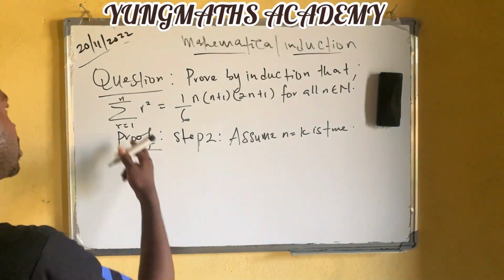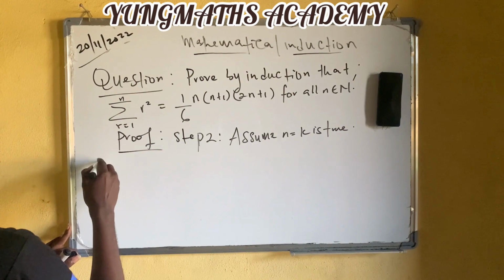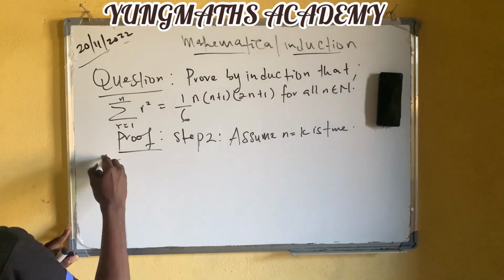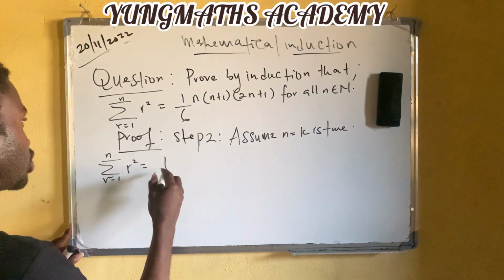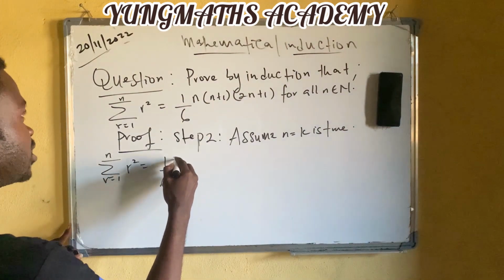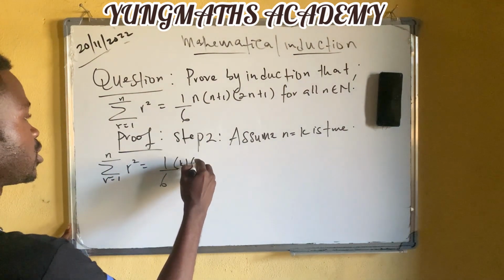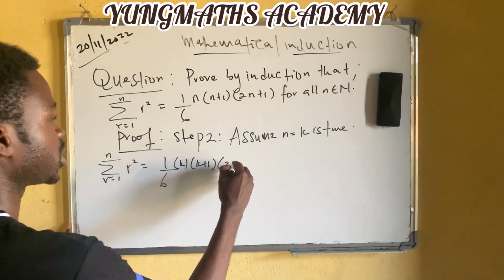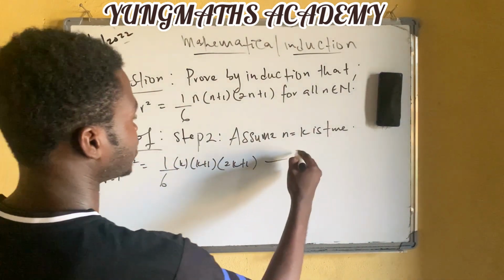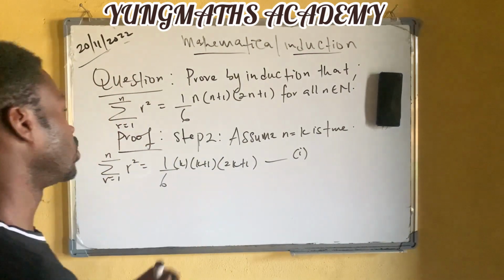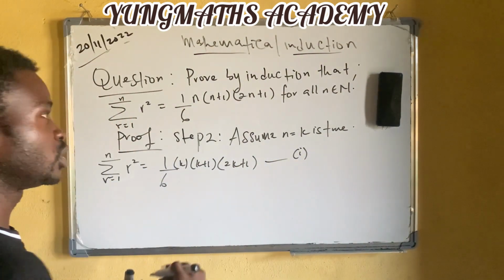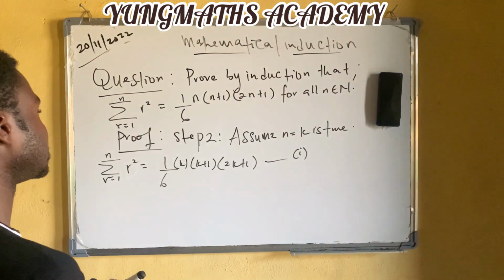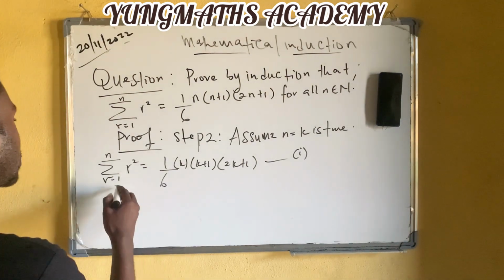So here simply means I'll substitute that here. I have summation r from 1 to k of r squared is equal to, I'll put in my right hand side the expression I have there, 1 over 6 times k, k plus 1, 2k plus 1. I can just label it 1, so that I will say it is true. So this is true, since we just assume that. It's an assumption. So we go to step 3.